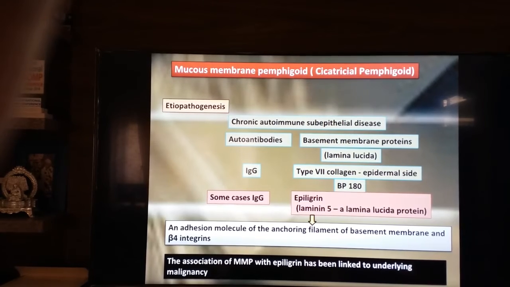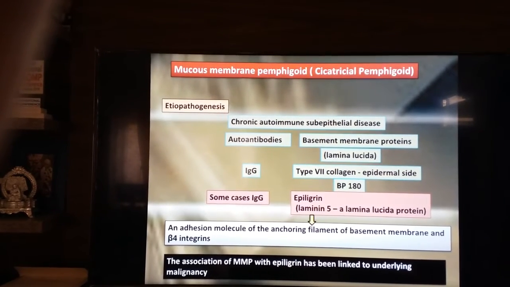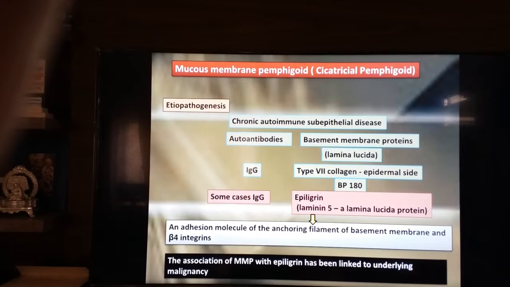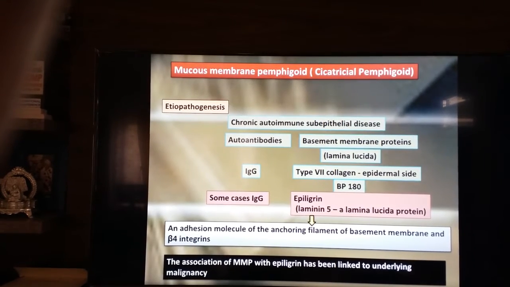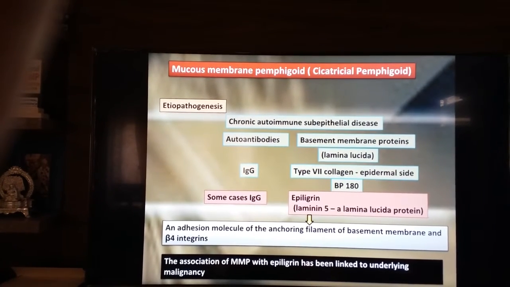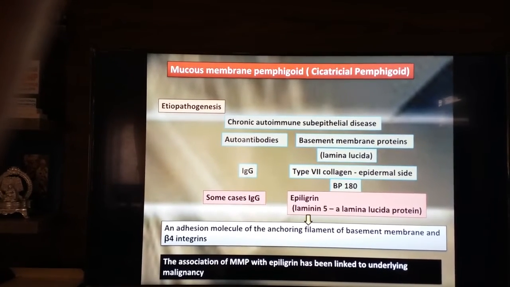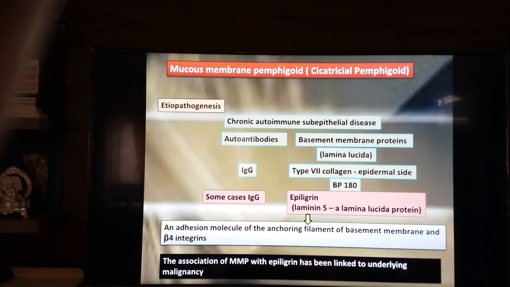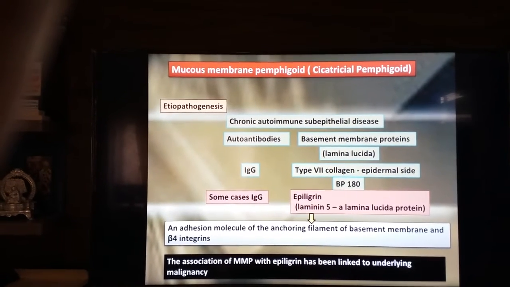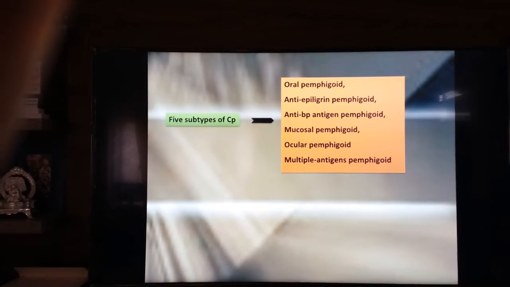Epiligrin, which is laminin 5, is a lamina lucida protein. In addition, a molecule of the anchoring filament of the basement membrane and beta 4 integrins are associated. This is how the relationship of MMPs with epiligrin has been linked to underlying malignancy also.